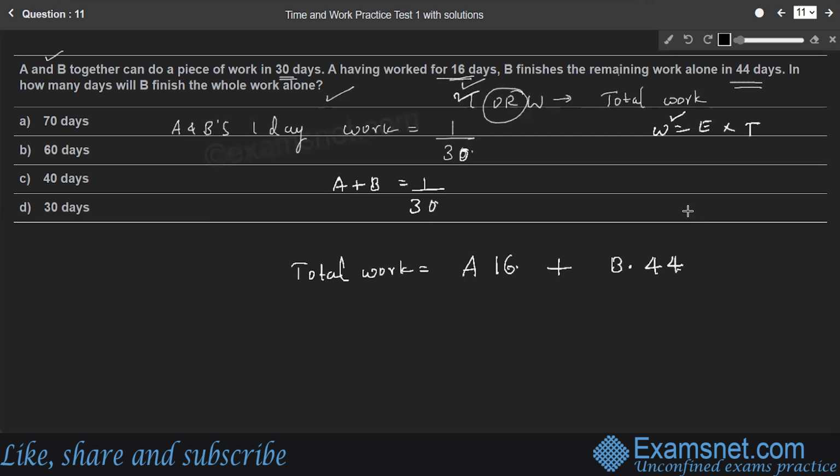We have assumed 1 as total work, therefore we can write 16A plus 44B is equal to 1. But A plus B is 1 by 30.